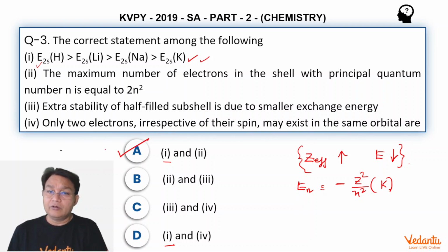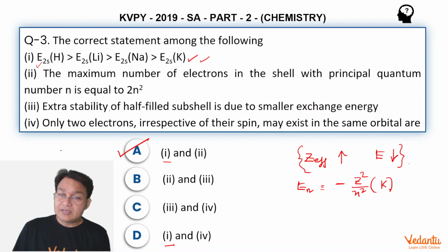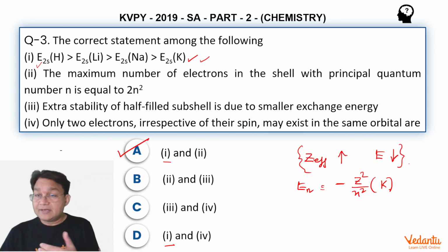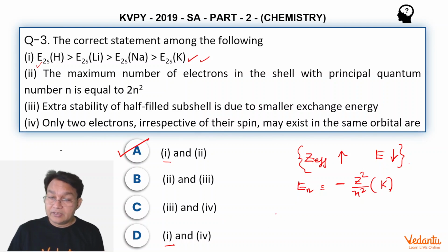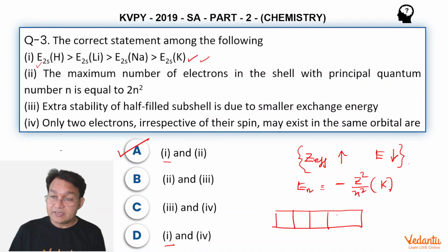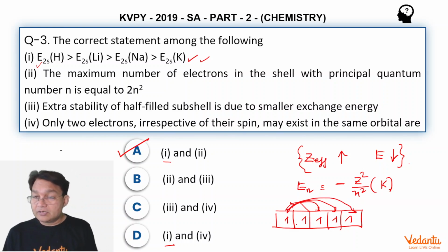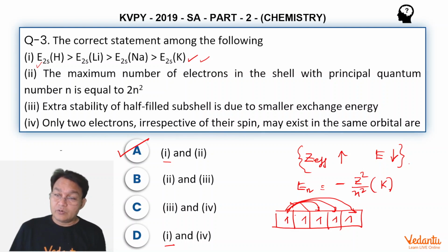But let's also read out the other options. Extra stability of half-filled subshells is due to the smaller exchange energy. No, it is larger exchange energy, because in a half-filled set of d orbitals, they are symmetrically placed, and if the spins are identical, you can exchange one electron with another, and these exchanges lead to a similar configuration. How many exchanges are there?